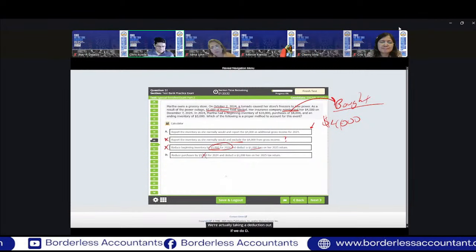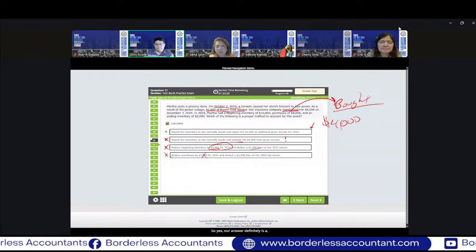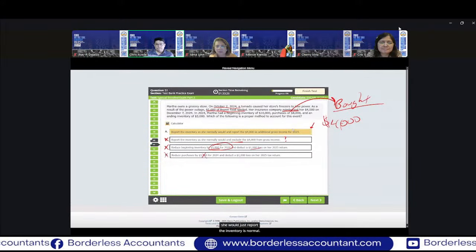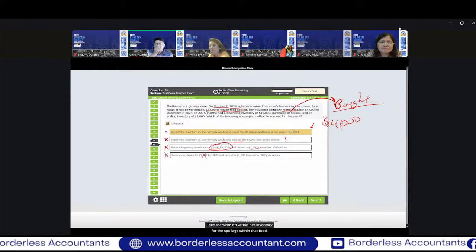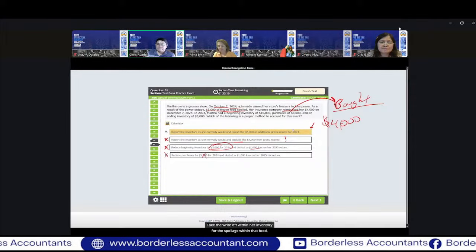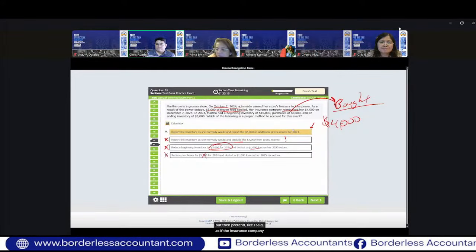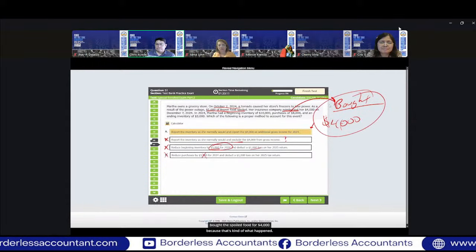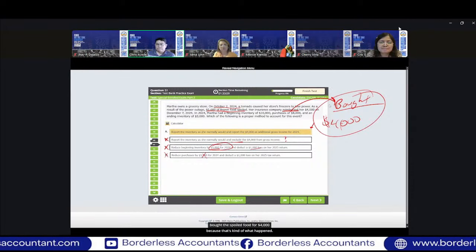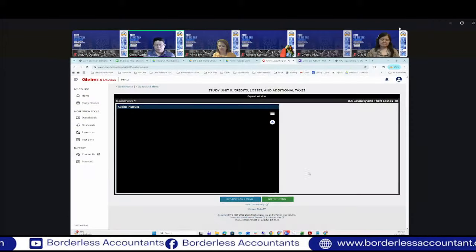We're actually taking a deduction out if we do D. So yes, our answer definitely is A. She would just report the inventory as normal, take the write-off within her inventory for the spoilage within that food, but then pretend, like I said, as if the insurance company bought the spoiled food for $4,000, because that's kind of what happened. So our correct answer here is A.